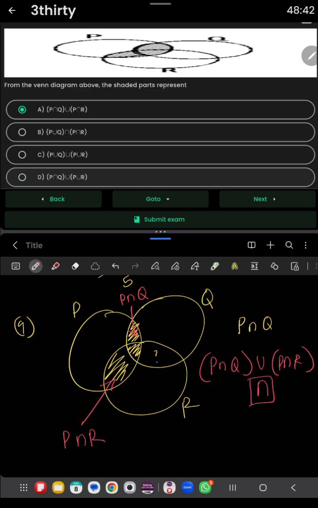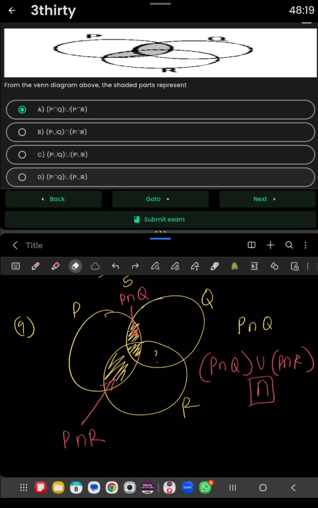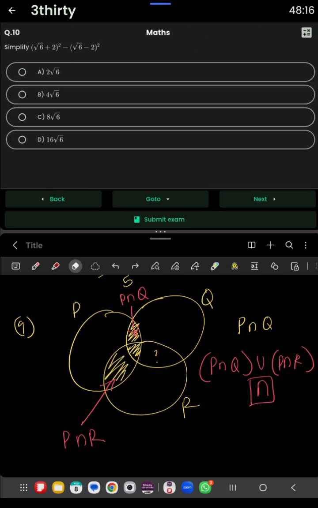So it's not this because here you see that the whole place is shaded. If it was going to be intersection, this and this one here would not be there. Okay, I hope that was clear. Maybe we'll do a video on sets to make it clearer.